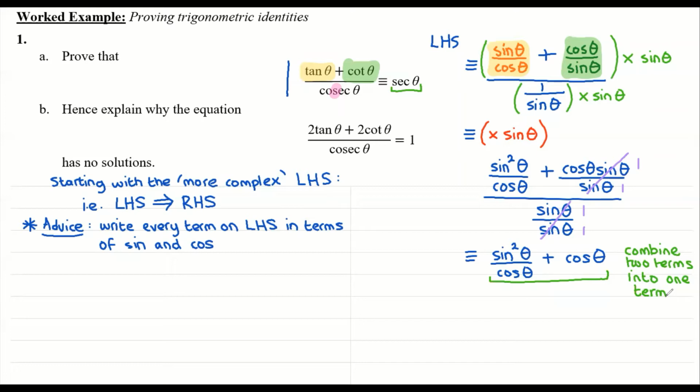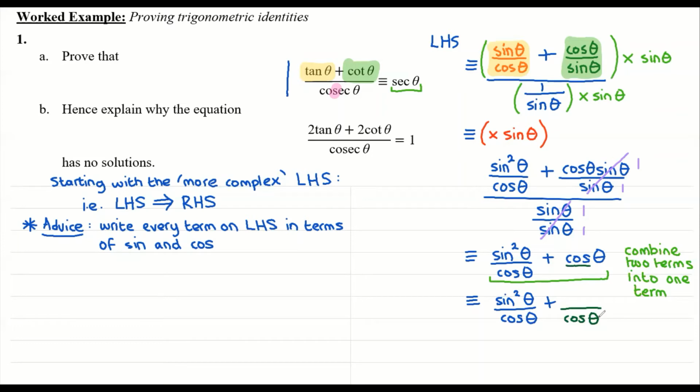Now I can do that because I can simply find, again, a common denominator, and I can add them both as fractions. So we'll leave the left-hand side one as it is. So this is going to be sine squared theta over cos theta. But the second term, if you'll notice, I've got to make this into a fraction. So it's got to be over cos theta so I can combine it.